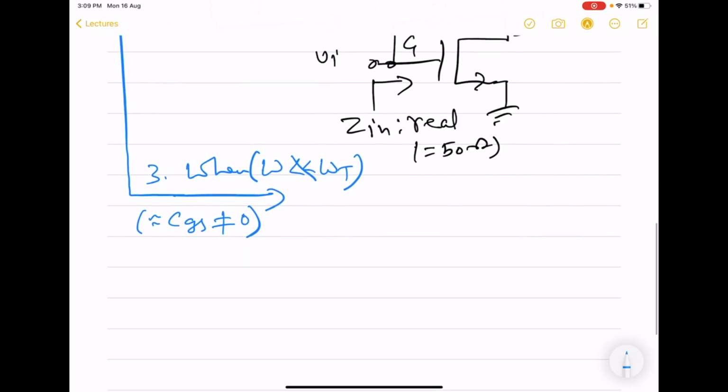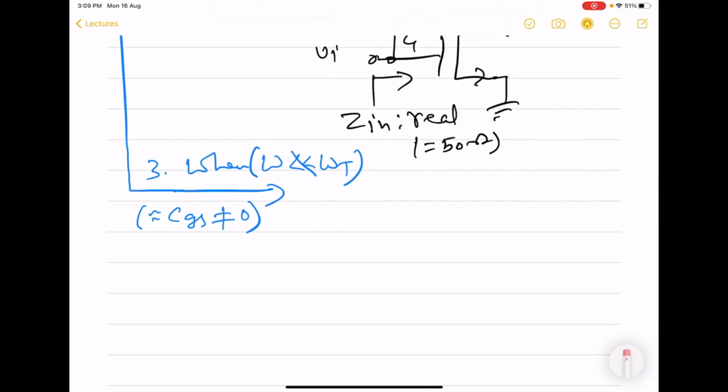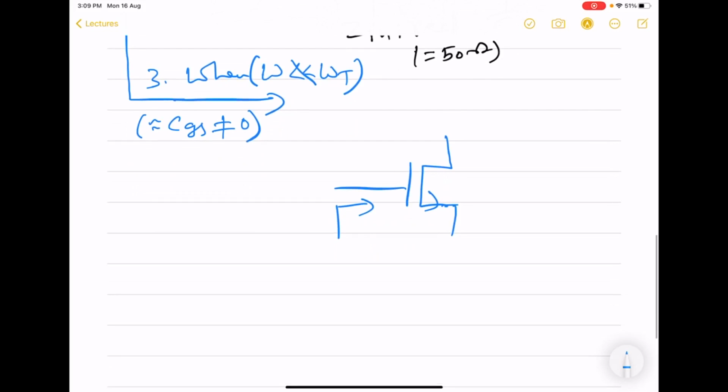So if this is the case, then looking into this gate, what we will see is the gate to source capacitor. So in this case, Z in will turn out to be capacitive. That means now Z in is going to have imaginary part as well.